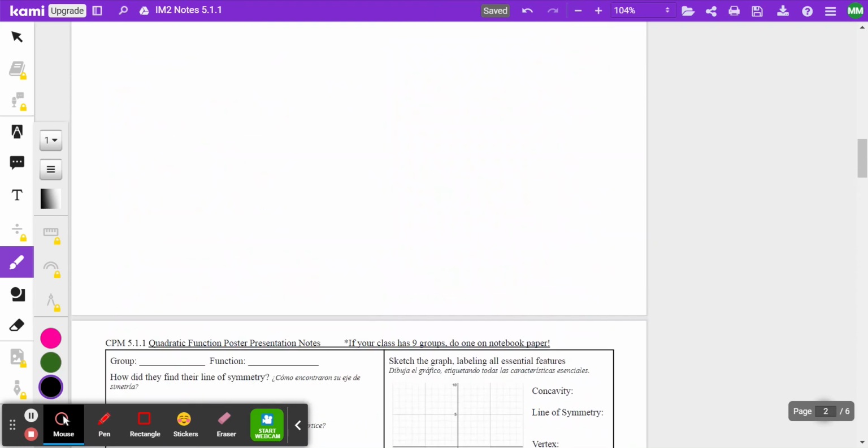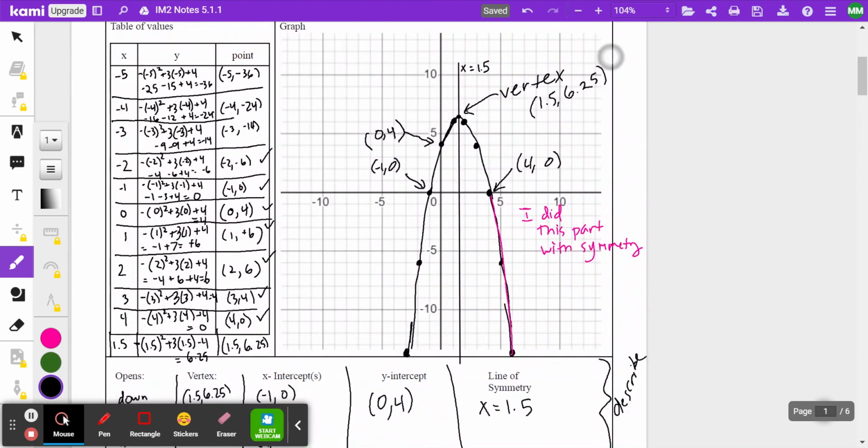So in the example we did on the first page, how did I find that this was 1.5? I think I did it just by looking between these 2 points and realizing it was at 1.5. But you could also have done -1 plus 4 from the x-intercepts divided by 2 equals 3/2, which is 1.5.